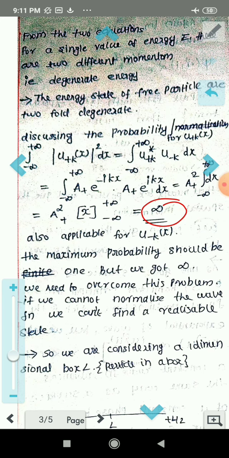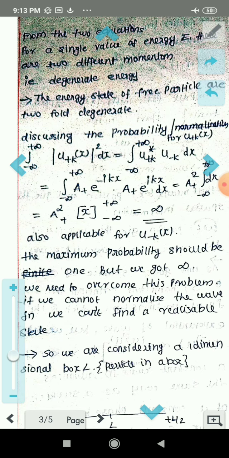So what does this mean? Actually the maximum value of probability should be 1, but here we see that the probability is infinity, which is not a normal case. So there are some physical subtleties for this free particle problem, and we found that we cannot normalize these wave functions.